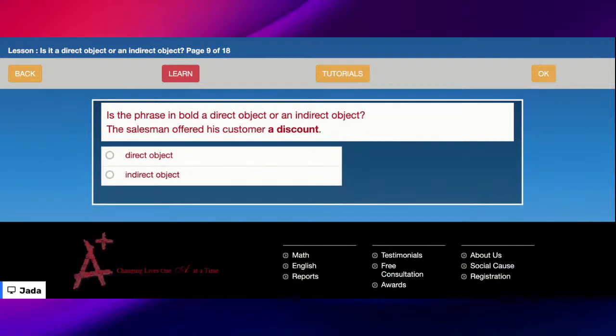So the salesman offered his customers a discount. Is it direct or indirect? So what's this one?